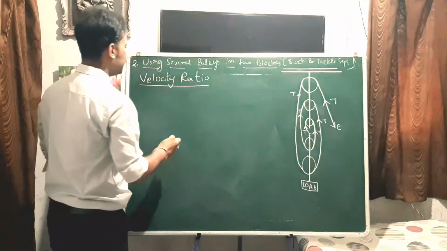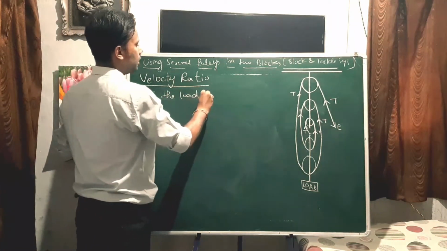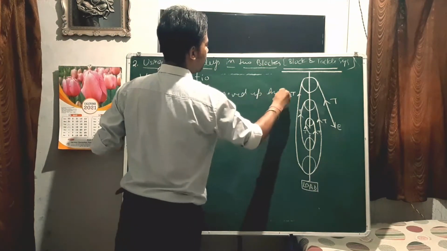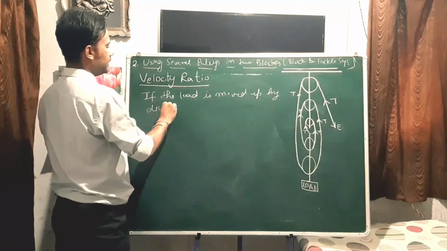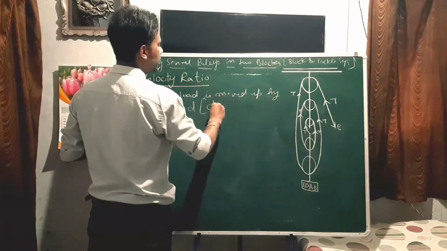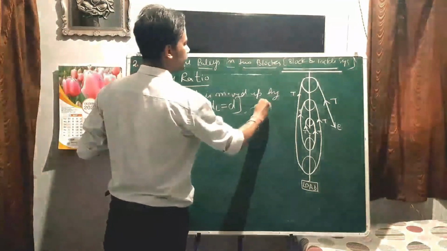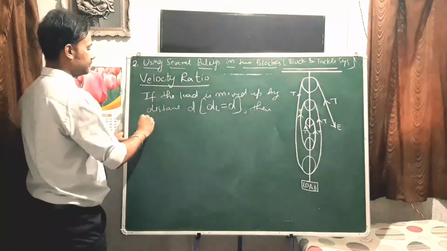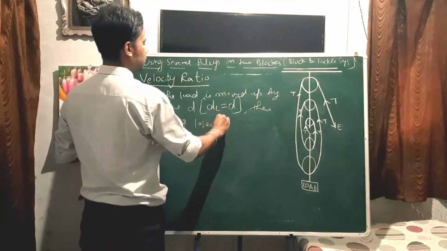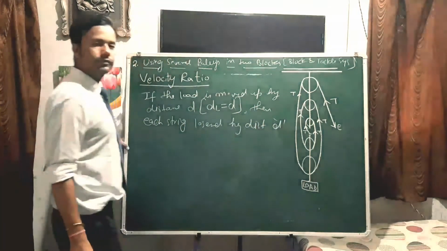So here, if the load is moved up by distance d, that means the distance traveled by the load is d. Then each string is loosened by distance d.